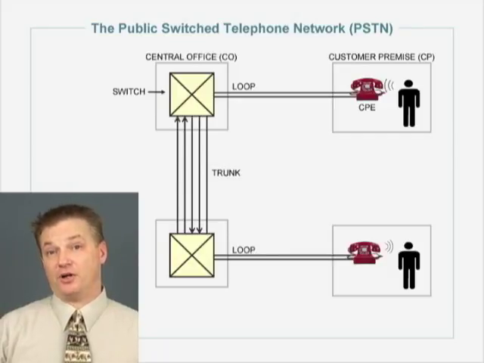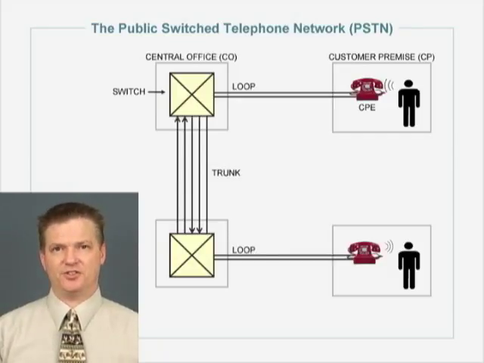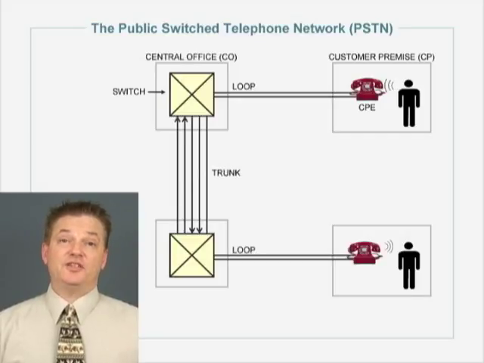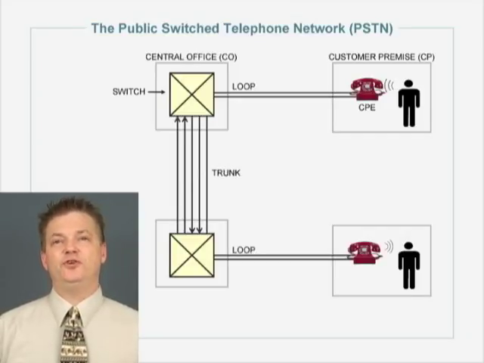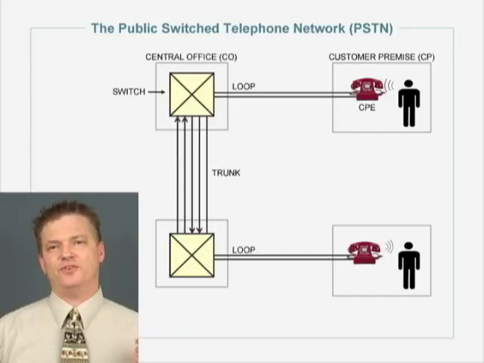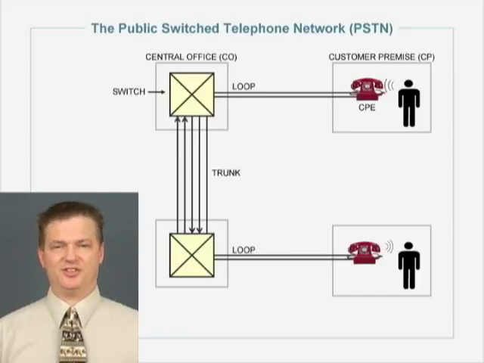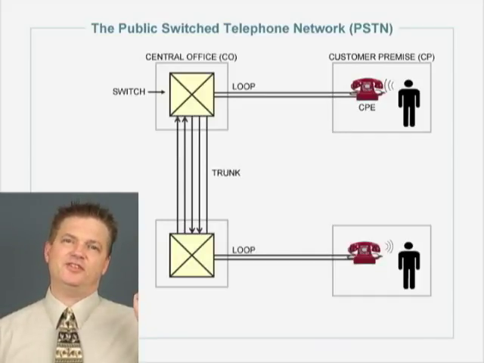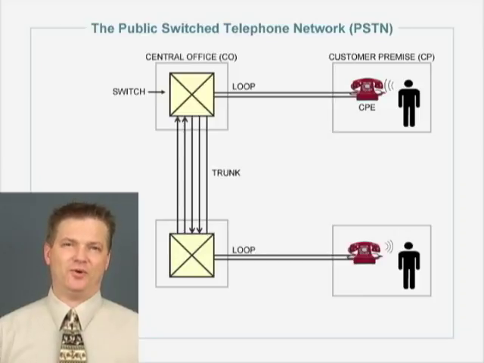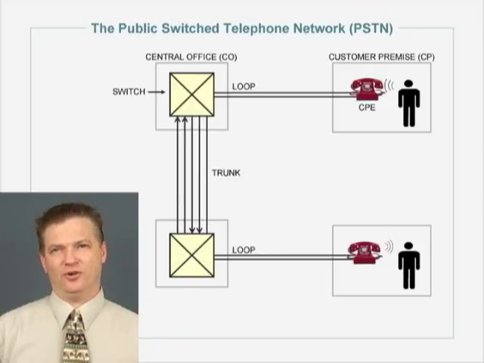But most people call it POTS, Plain Ordinary Telephone Service. And the way that this service works, if you want to talk to me, first, you have to tell the switch you want to start doing all this stuff. Then you have to tell the switch what my network address is. You call them phone numbers, I call them network addresses. And then the network, in other words the switch, is going to have to make a routing decision.